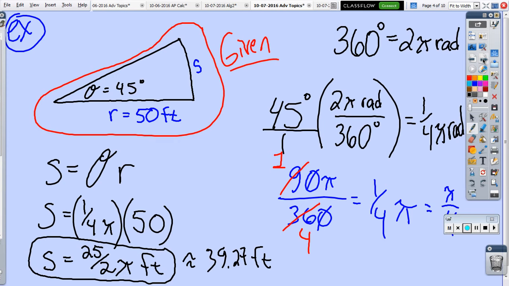The angle was given, we had the radius of 50 feet, and we wanted to find this arc length, because this is just one sector, part of the circle. So we convert 45 degrees into radians, plug that into our theta, and r is of course 50 feet, and we get 25 halves pi feet, which is approximately 39.27 feet.